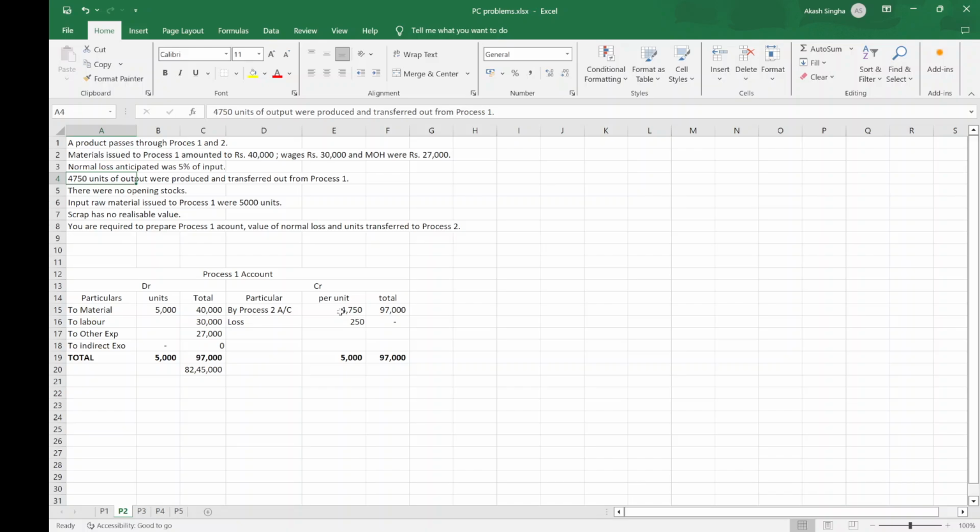So by process 2 we will provide 4750, and loss is the other part, which is 250, which is 5,000 into 5% as given, 5% of the input. So you can add it up and both sides will be the same, and units are 5,000 and total is 97,000.